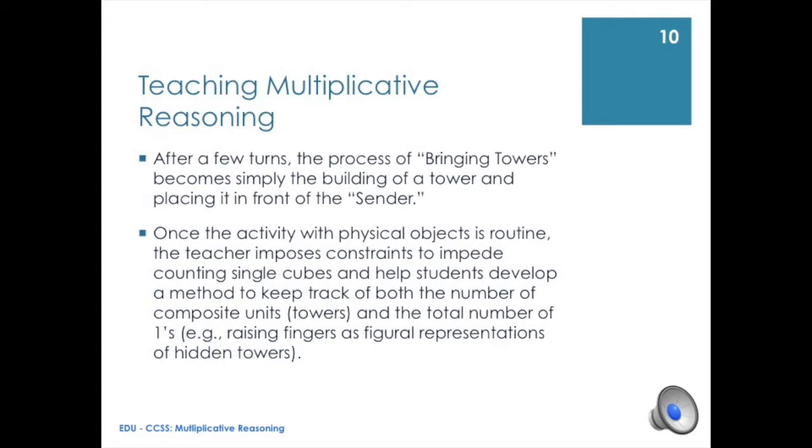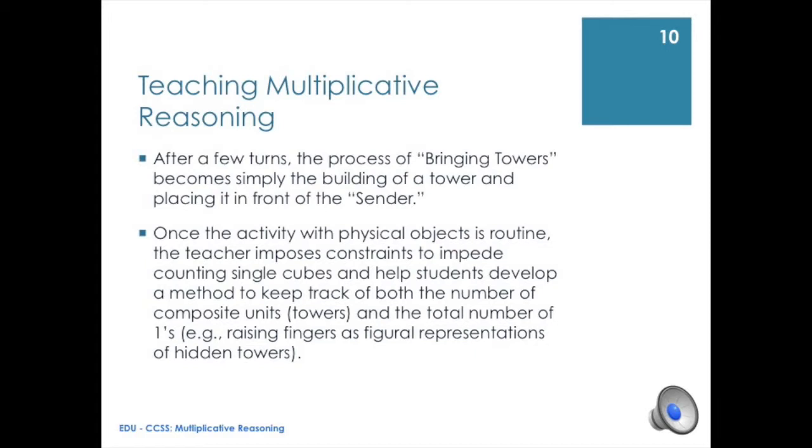So for example, if students are trying to find the total consistently by counting single cubes, you might cover the towers, and even write on a piece of paper how many towers there are and how many cubes are in each tower to remind them.